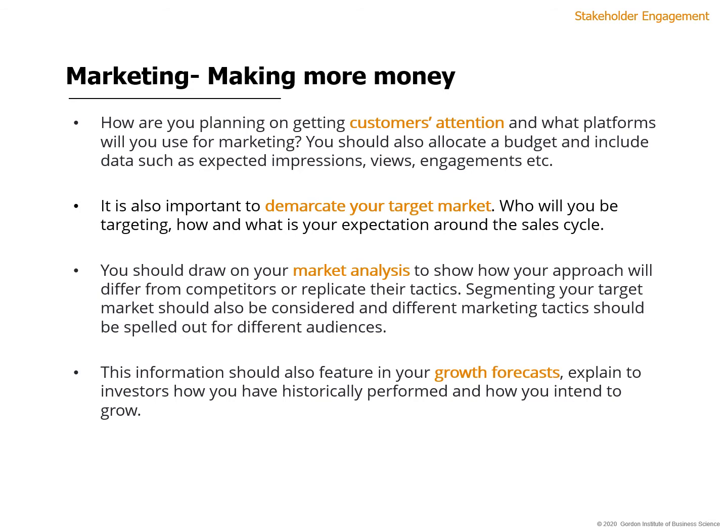And so you need to explain and demonstrate to your investors why different market segments have been demarcated, and the reason for that simply lies in the platforms that these different demographics engage with.